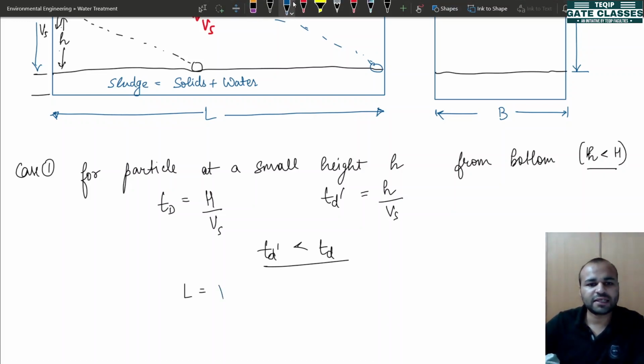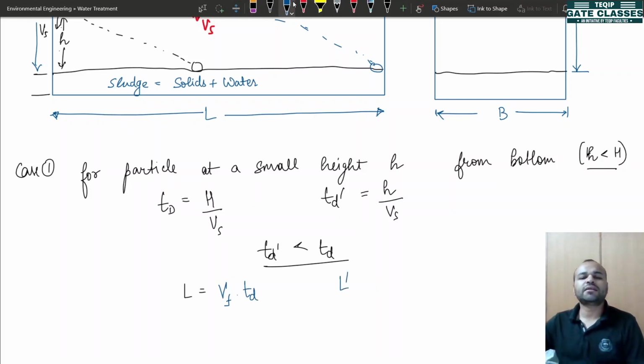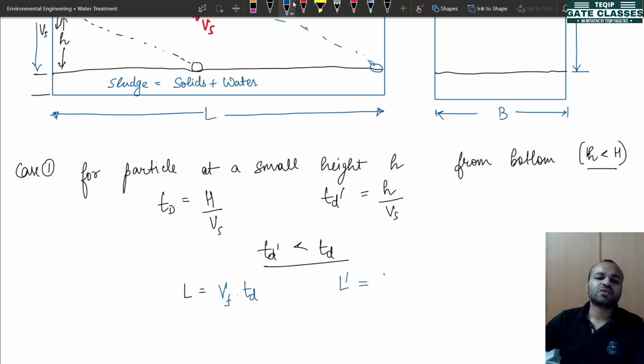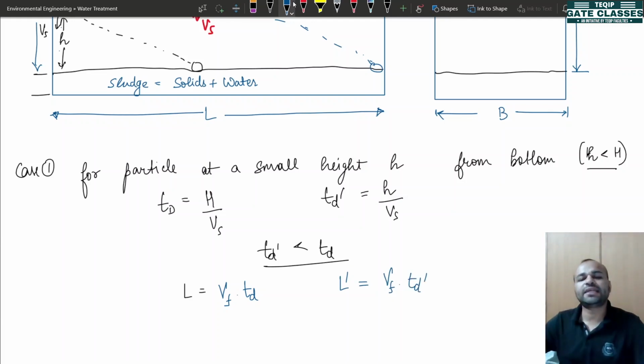So length is Vf times your detention time. Okay. Now for the smaller particle, let us say the length it will be covering is L dash. So what will that be? The flow velocity remains the same. The detention time will be Td dash. That is, Td dash is less than Td. So what we can conclude is L dash will be less than L.